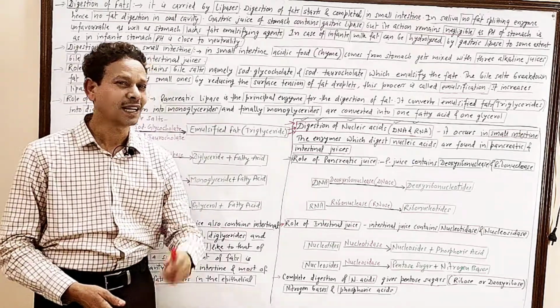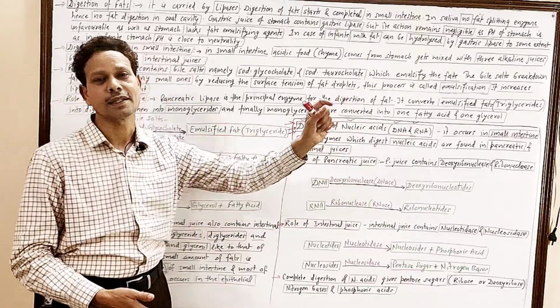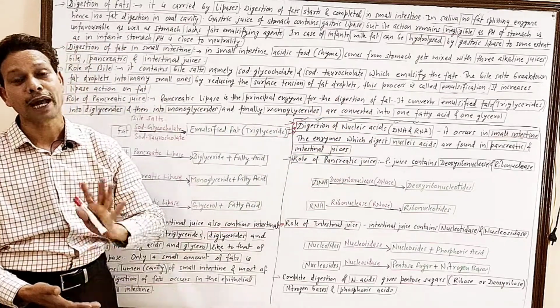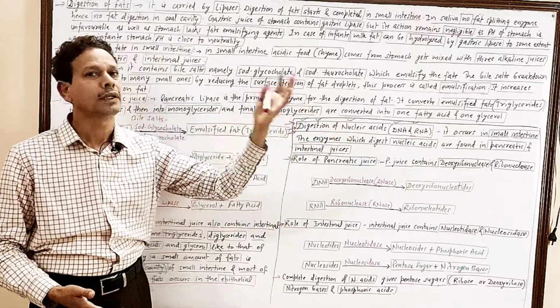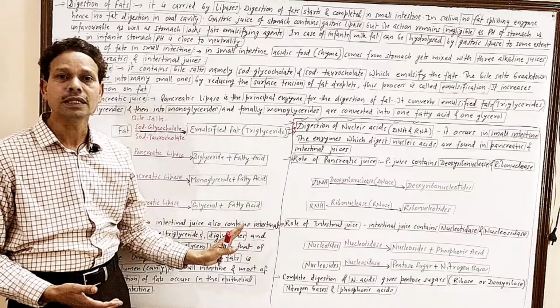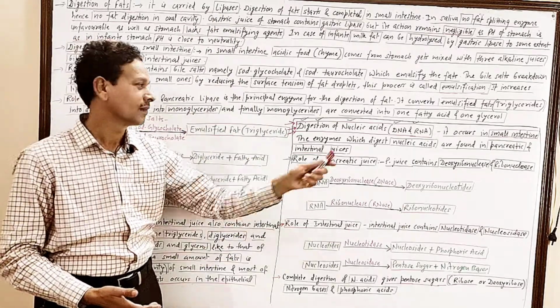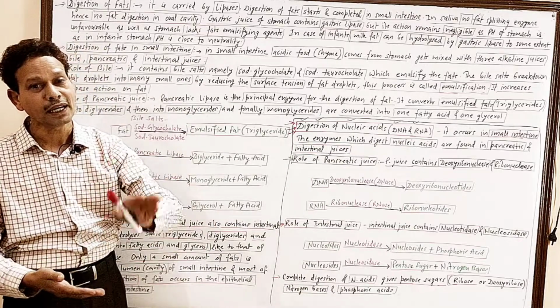Now, dear students, another important topic today, that is digestion of nucleic acid. This is the last topic of digestion. Digestion of carbohydrates over, digestion of proteins over, digestion of fats we have discussed, and now the digestion of nucleic acids, meaning digestion of DNA and RNA.